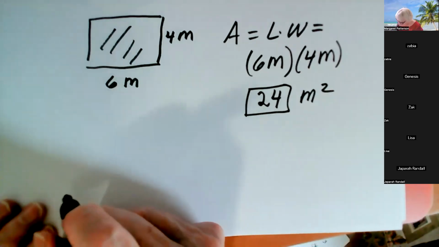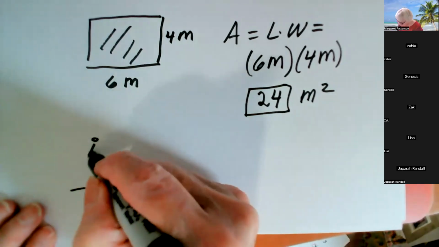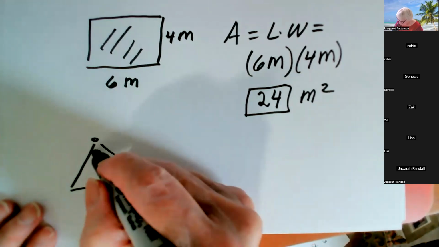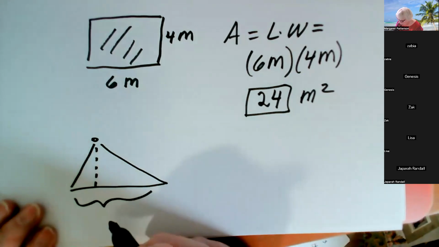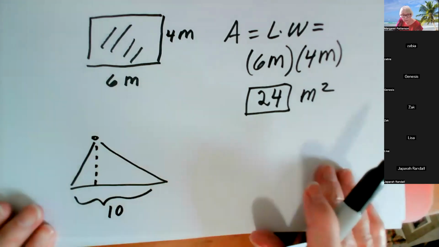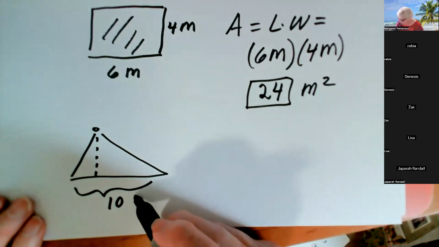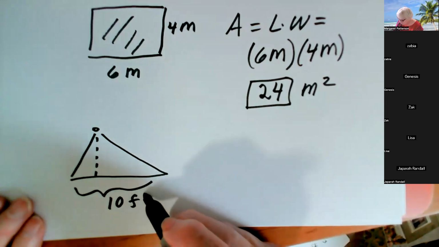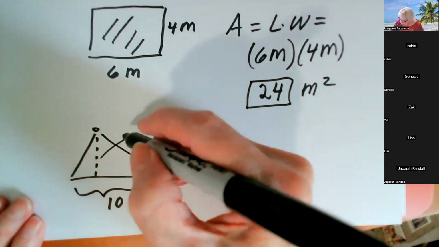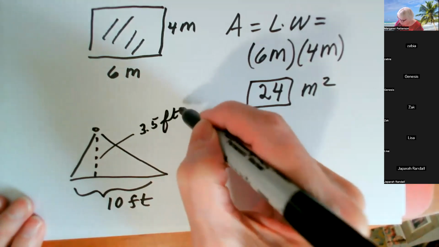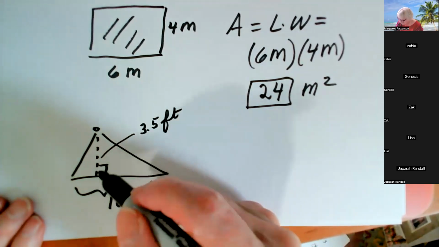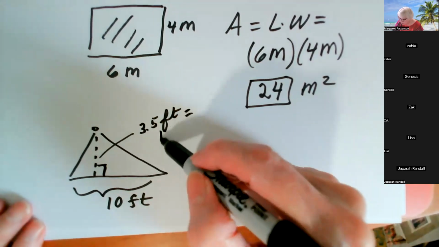Let's do a triangle. If this much is 10 feet, and this much is 3.5 feet, this is the height.